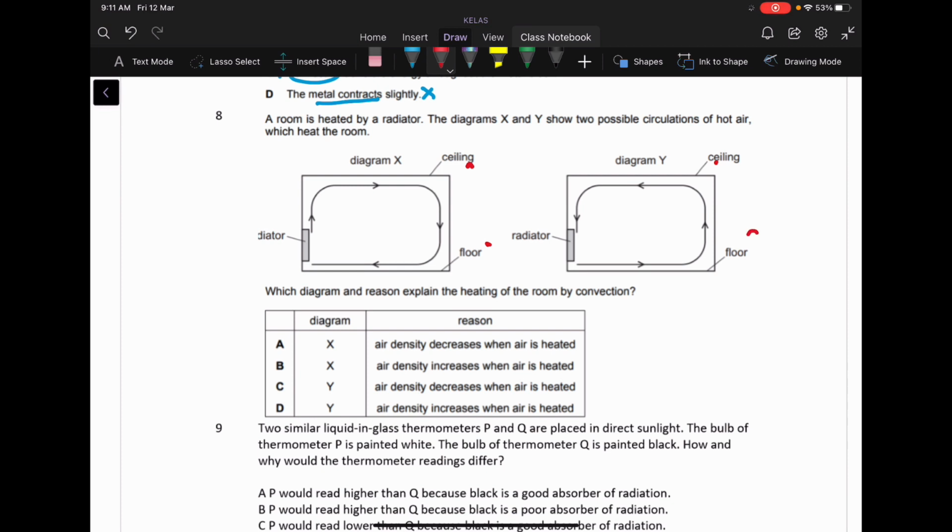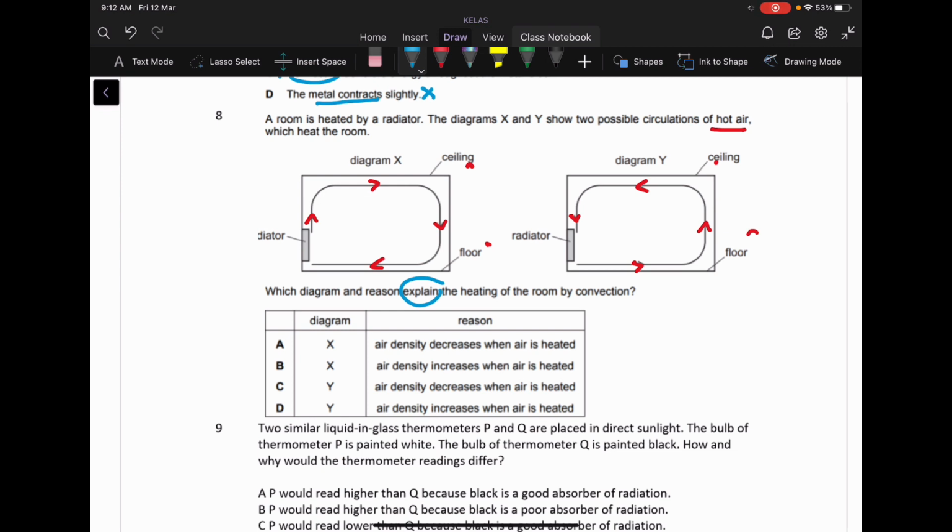The only difference is the direction of the movement of air. Circulations of hot air. Now, which diagram and reason explain the heating of the room by convection? So this is convection, but which is the correct one?